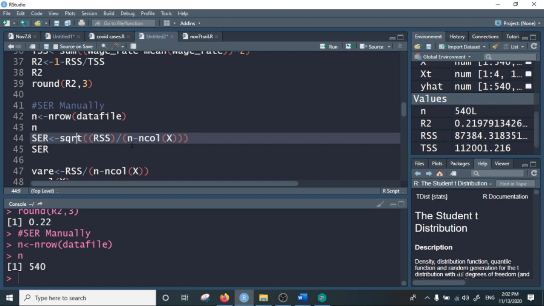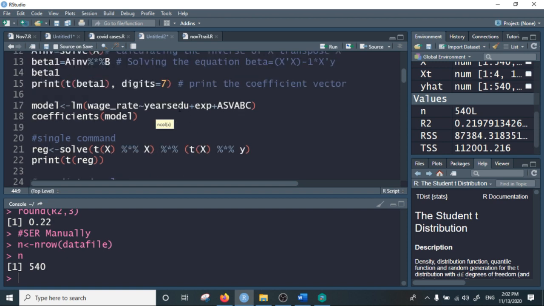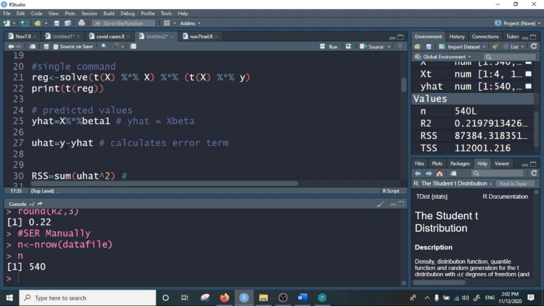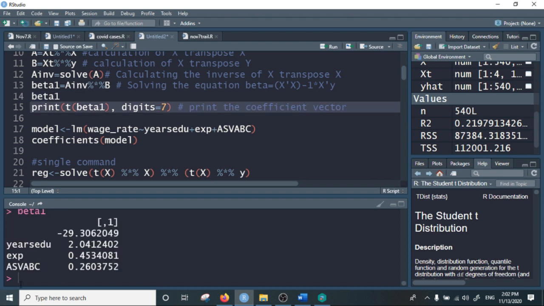So now we can find this standard error of regression line as the square root of RSS divided by n minus the number of parameters. So the number of parameters in our case is 4 because there are 3 independent variables and one constant of the regression model. So in our beta hat vector, there were 4 parameters estimated.